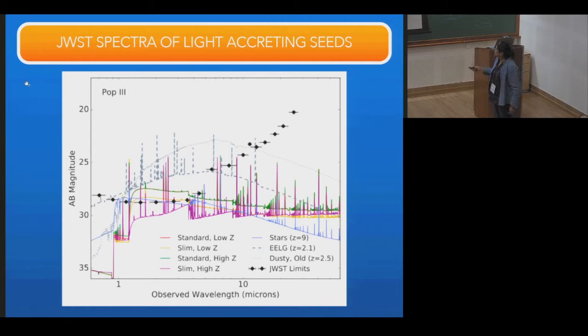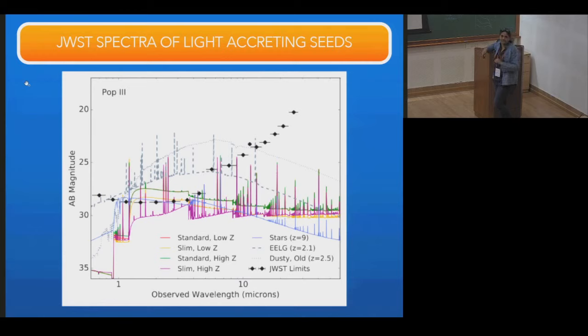But if you look at the population 3 case, you find that they should be undetectable. The flux is below JWST sensitivity. So we are out on a limb, and we have said that if JWST detects any quasars, any accreting black holes at redshifts 9-ish, 8 to 9, because it's all a little loose, there's no tight 9 to 12 or whatever, right?